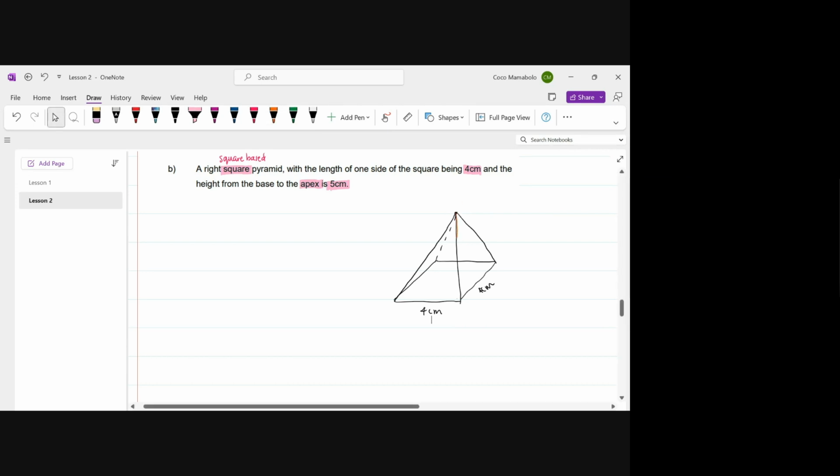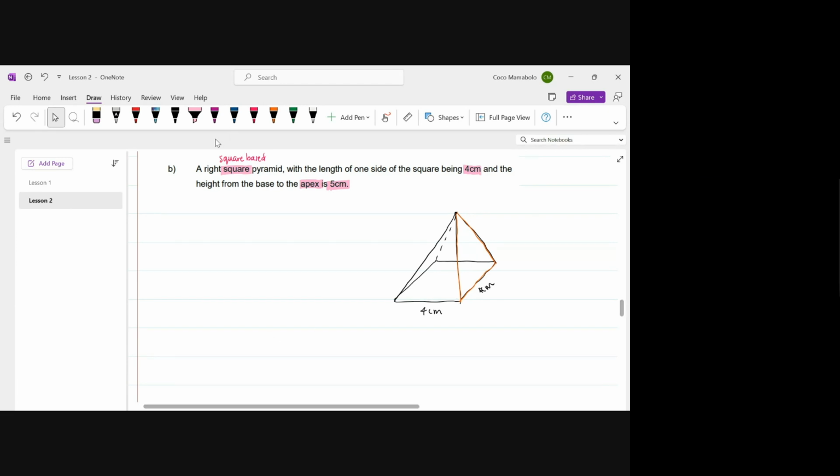If I can calculate the area of one of the triangles on the side, that's going to be the same as all the other ones. So I can just calculate for one of those triangles and multiply that by 4. Everybody okay with that? Thumbs up? Yes? We're only going to focus on the one triangle because if we get the answer for that one, we can just multiply it by 4 and that will be for everything.